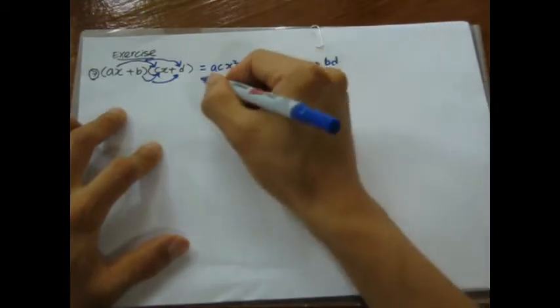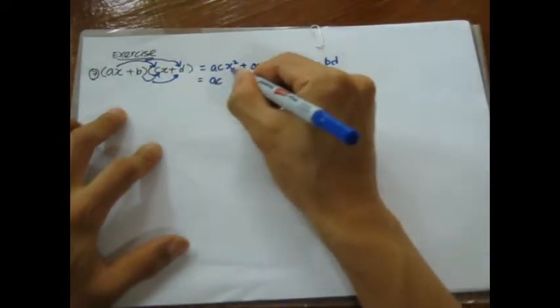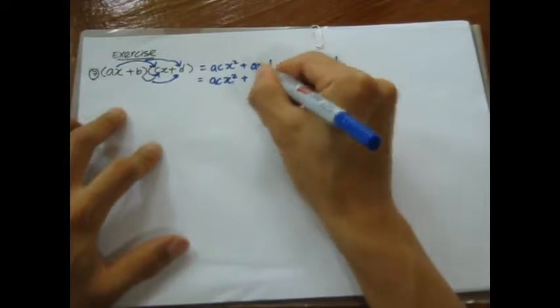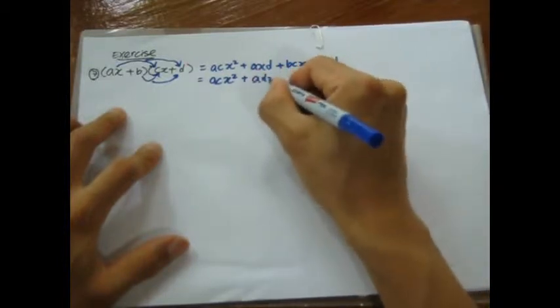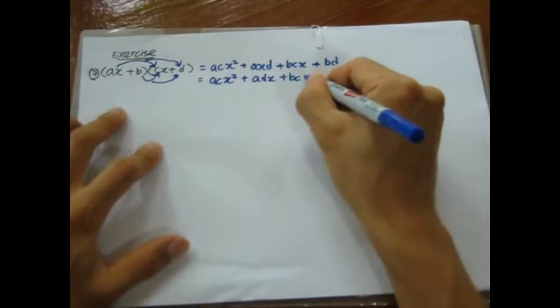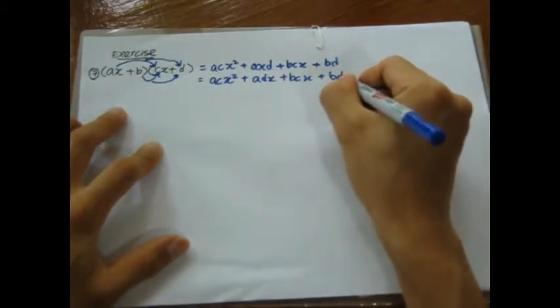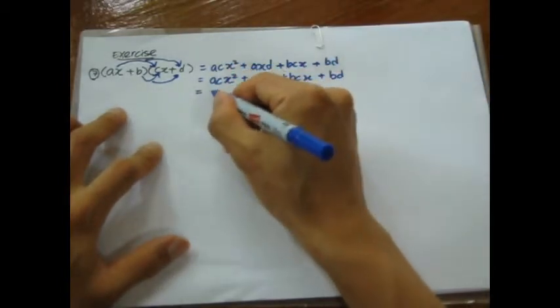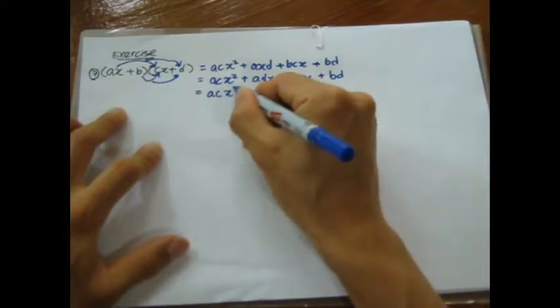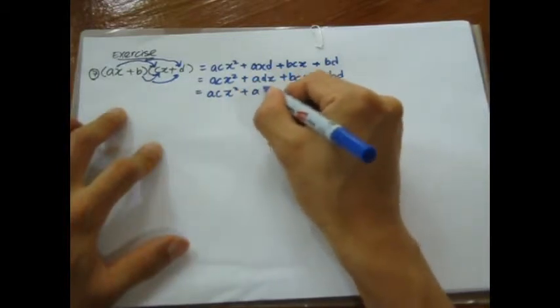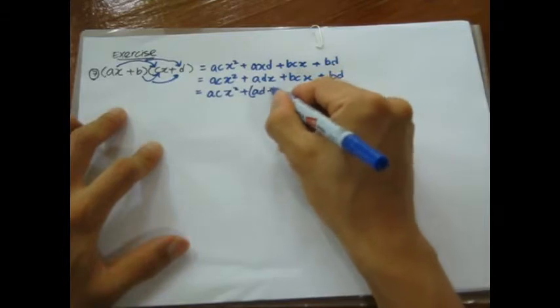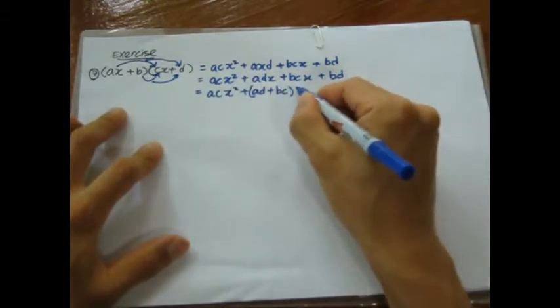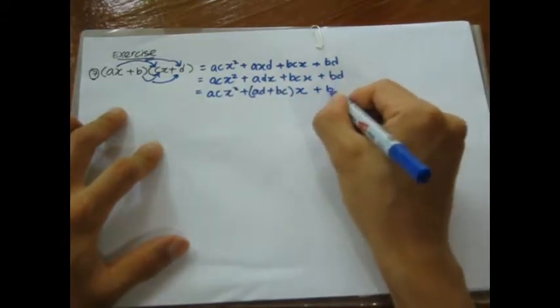Simplifying this, I will have ACx squared plus ADx plus BCx plus BD, or simplifying once more, ACx squared plus (AD plus BC) with a common factor x, plus BD.